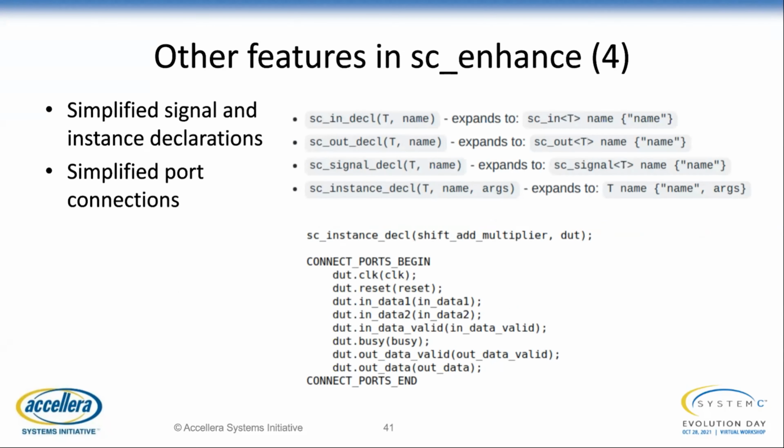I also added a few macros for simplified signal and instance declarations. These are not something revolutionary, but I think it's a good idea to use macros like this when you declare signals and instances, because you usually want the name of the signal variable to also be the same as the name string that the object has.